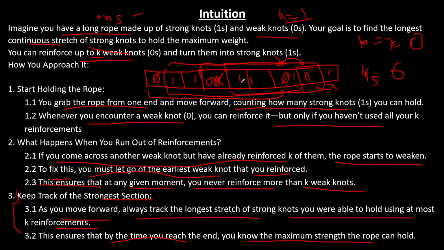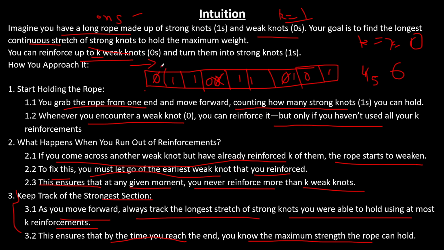So if you can visualize here, we are sliding the window depending upon the size of k, right? And whenever the size of k becomes 0, we try to shrink the window from the left-hand side.